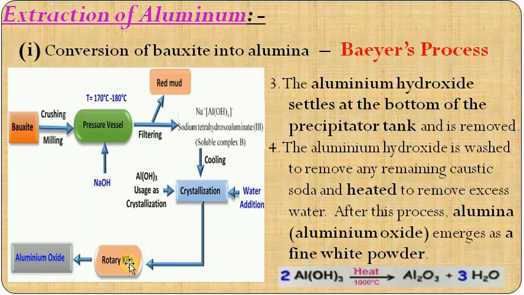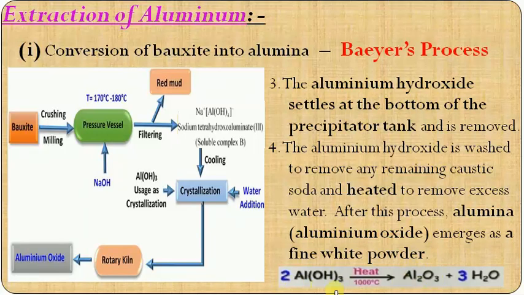Now, in the rotary kiln, the aluminium hydroxide is heated to around 1000 degrees centigrade for about 1 to 2 days. When you do this, the aluminium hydroxide, which is a very heavy substance, will become a lighter one by losing water molecules, which forms aluminium oxide, we call alumina.